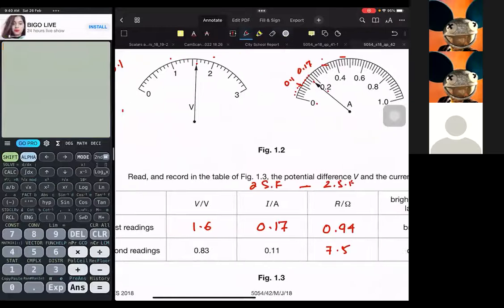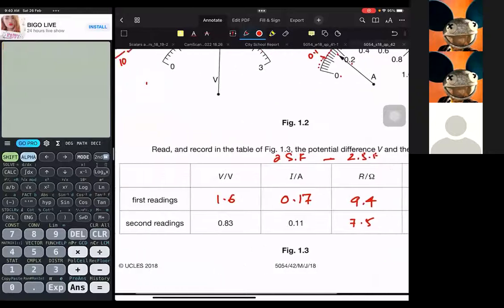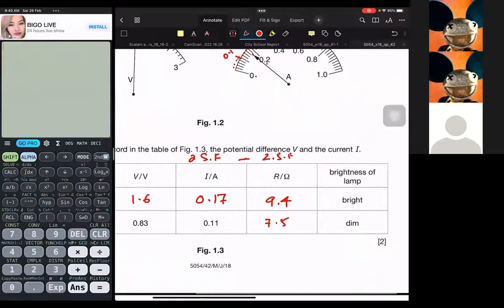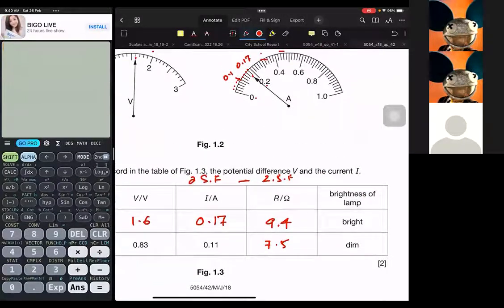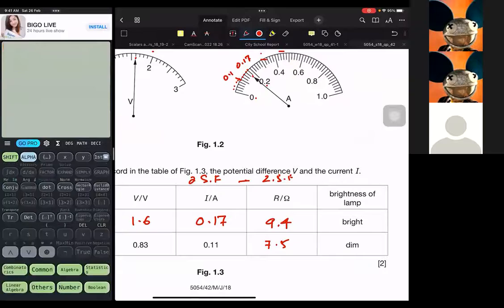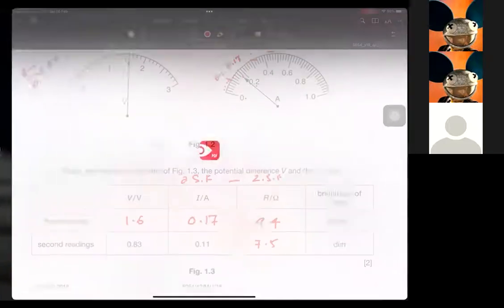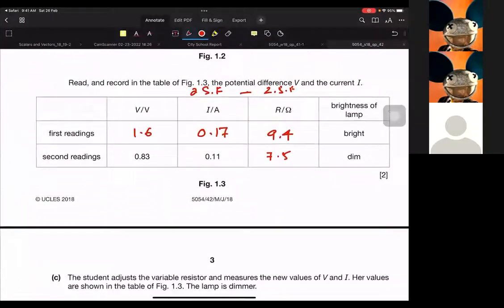That would just make it 9.4. All right, if we look at the results, you might see that the first reading and the second reading are not exactly close to each other, right?